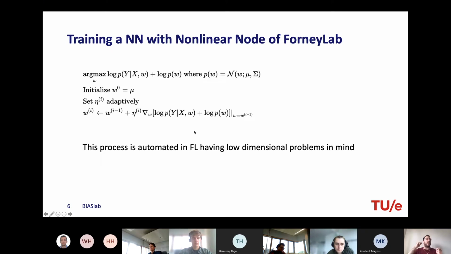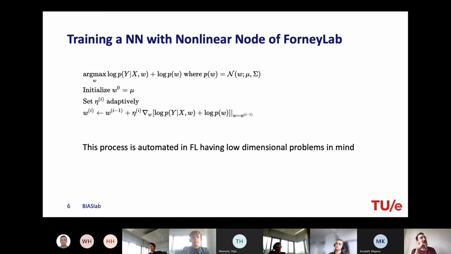At every iteration, we evaluate the gradient of the objective and follow this gradient by setting the learning rate adaptively. This is the way we automated Laplace approximation in ForneyLab.